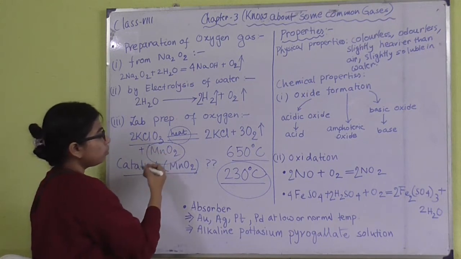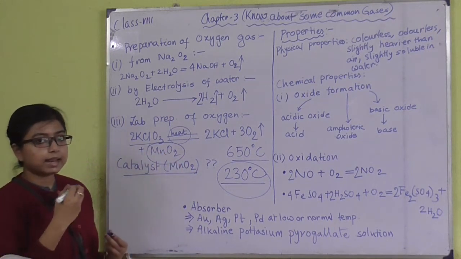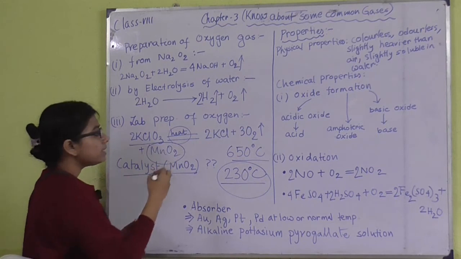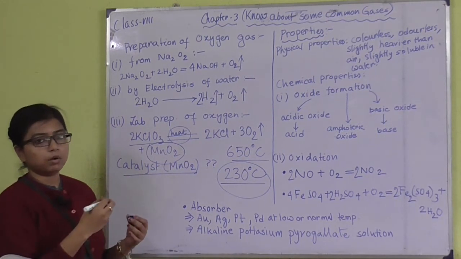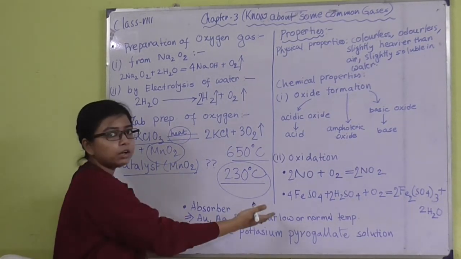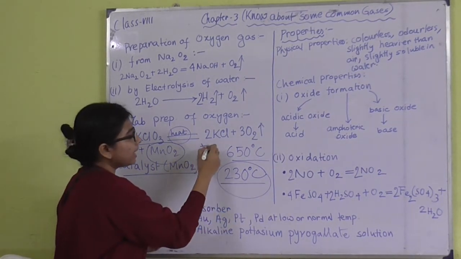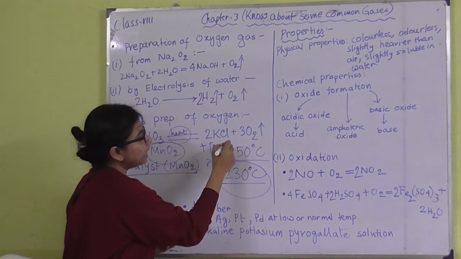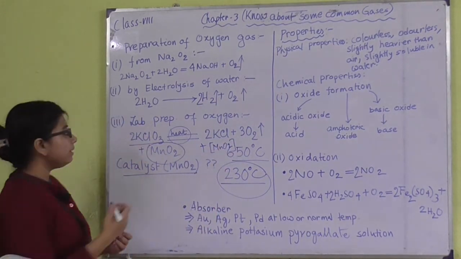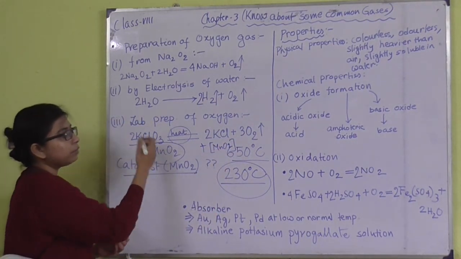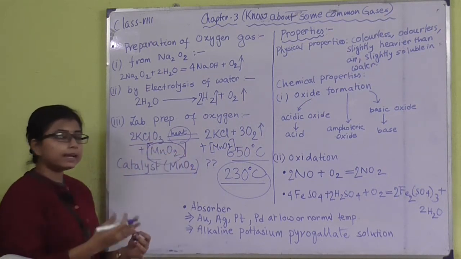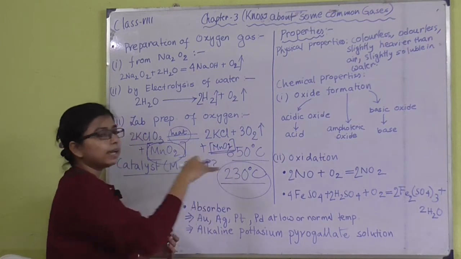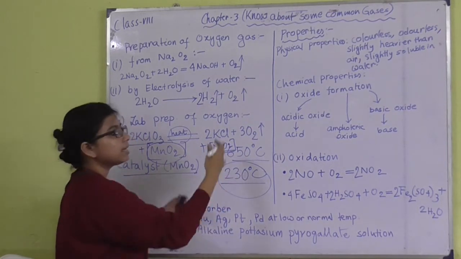Actually, MnO2 acts as a catalyst, and that is why there is no chemical function of this compound. That means, at the end of the process we will get this MnO2 intact. If I take a little bit MnO2 with potassium chlorate here, then we will get this MnO2 at the end of the whole process intact.